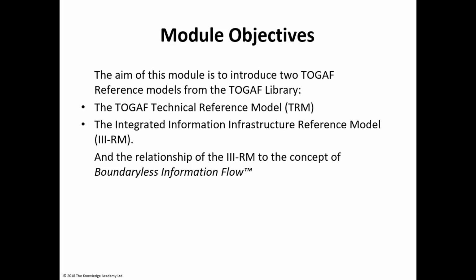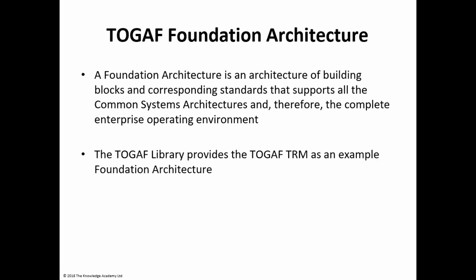It's for integration, defining the different interfaces. If I'm developing an application architecture, I can use the III-RM. So two reference models given by TOGAF. There are so many others available in the market as well.